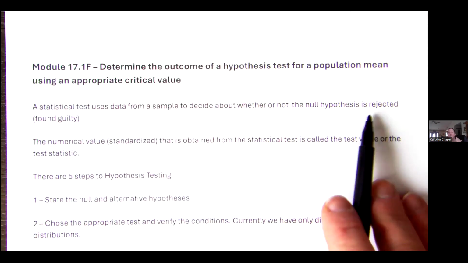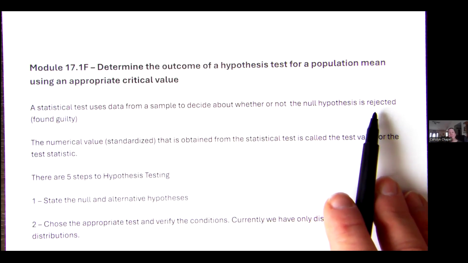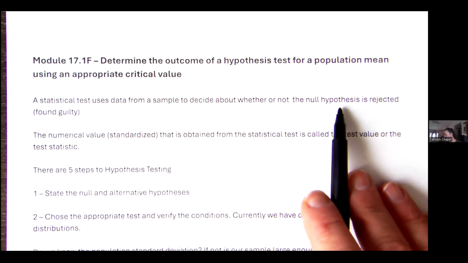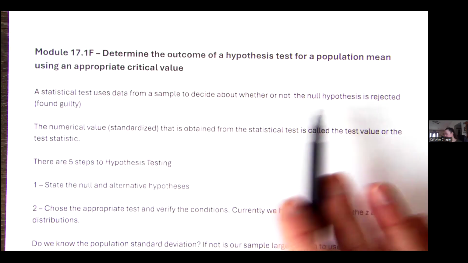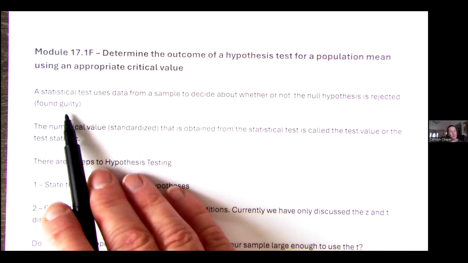I like to relate this to our court system, because if we do not reject the null, we find them not guilty. If we reject the null, we find them guilty.